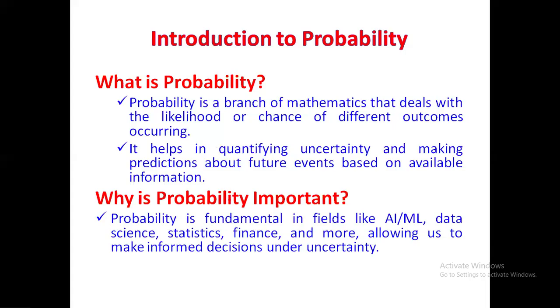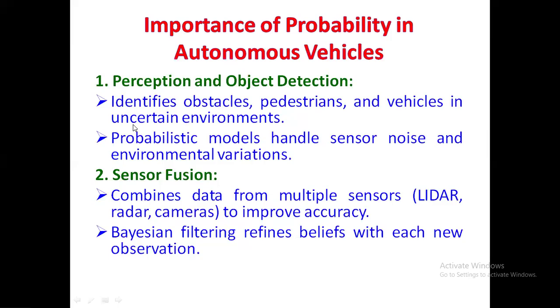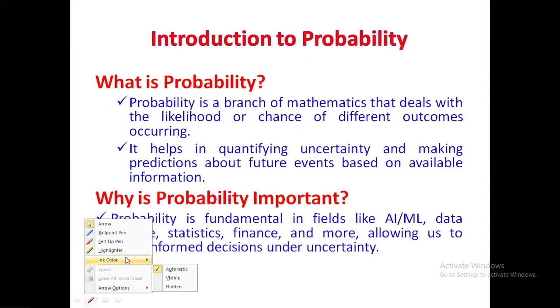How are we going to express probability? We express probability in terms of zeros and ones. Let me explain.